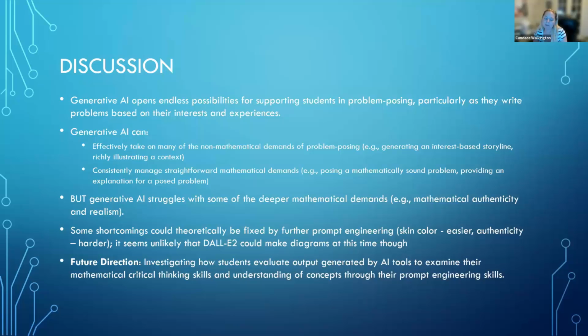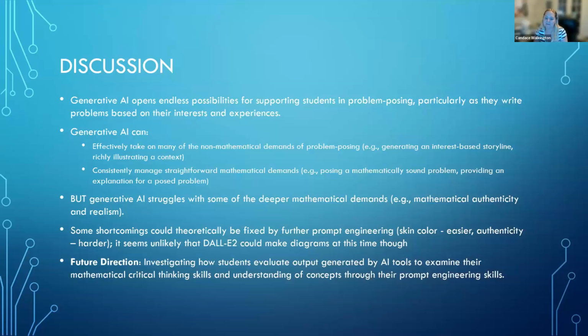But probably similar to other areas, generative AI struggles with some of the deeper mathematical demands, like mathematical authenticity and realism. Some of the shortcomings we identified could theoretically be fixed by further prompt engineering, like the girls were able to fix the skin color. But others are going to be harder to fix with prompt engineering.